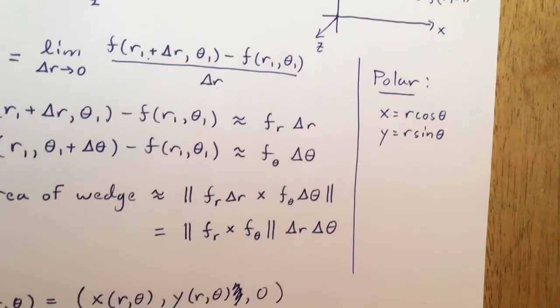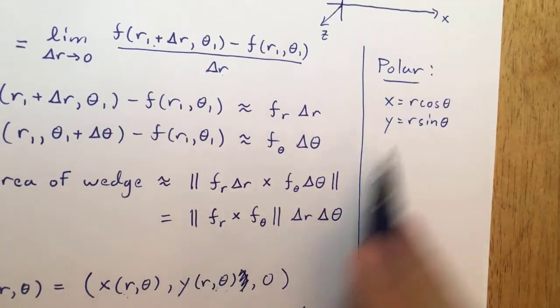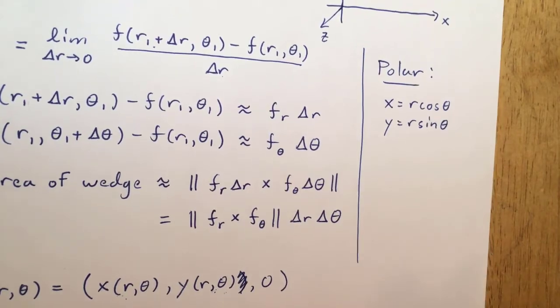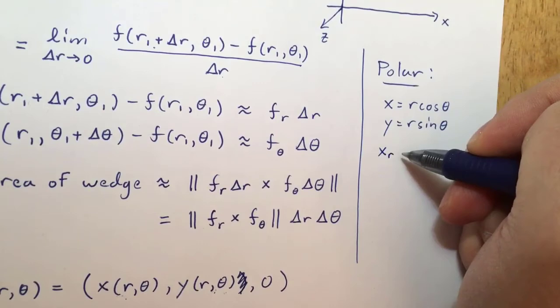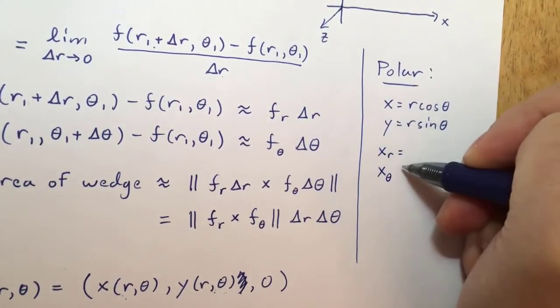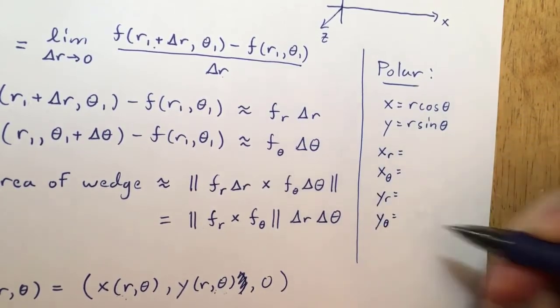So we've got our x function and our y function in terms of r and theta. So if I want to find dA, I need to find xr, x theta, yr, and y theta.